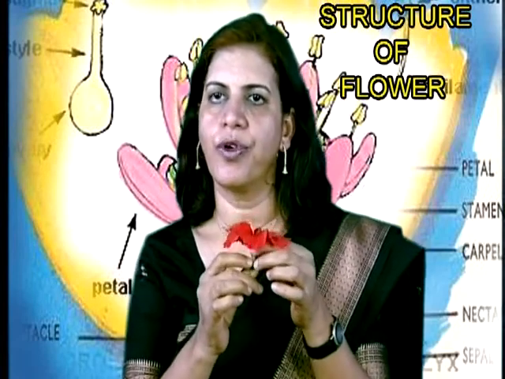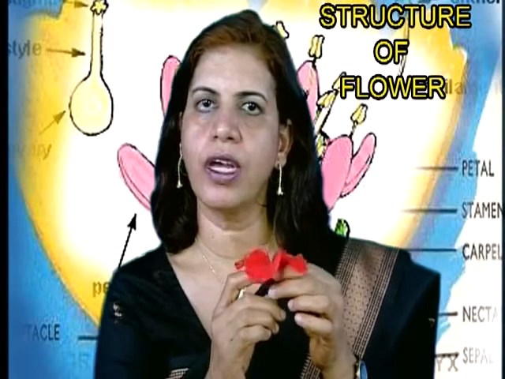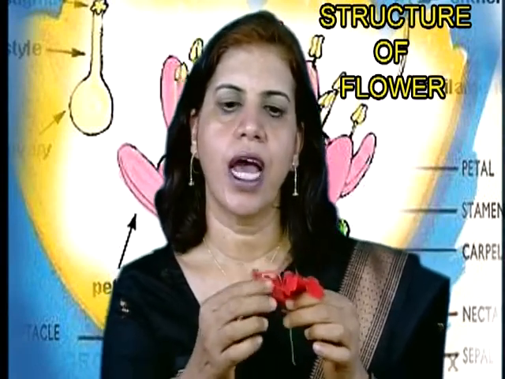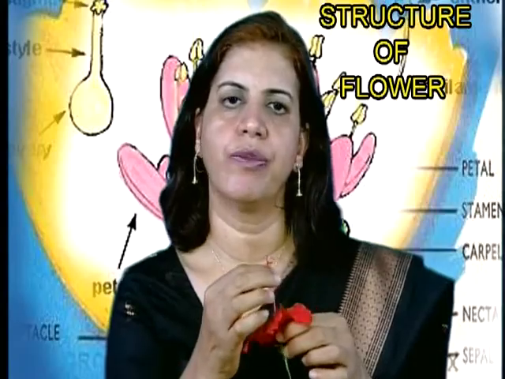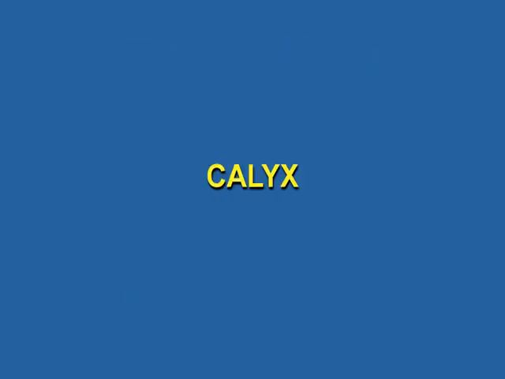All other floral organs, that means sepals, petals, androecium and gynoecium, are attached to the receptacle. First of all, let us talk about sepals, collectively known as calyx.